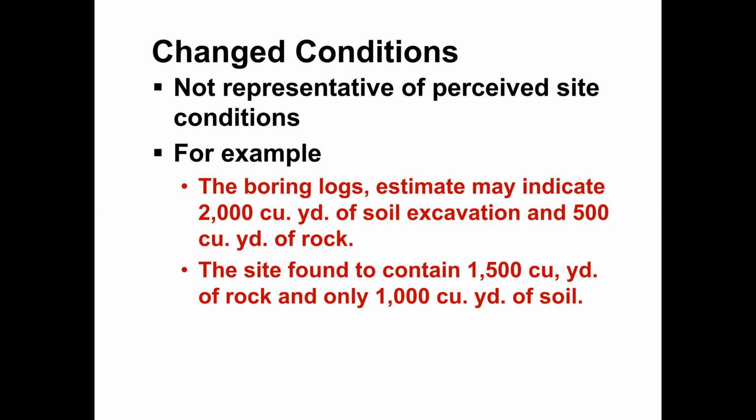The boring log estimate may indicate 2000 cubic yards of soil excavation and 500 cubic yards of rock. Okay. So it means the boring log says there is 2000 cubic yards of soil and 500 cubic yards of rock will come.